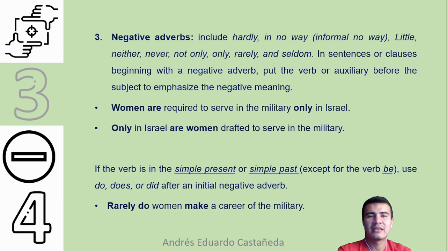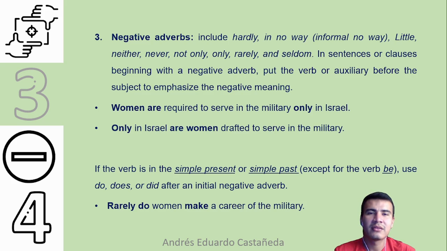In sentences or clauses beginning with a negative adverb, put the verb or auxiliary before the subject to emphasize the negative meaning. For example, "Women are required to serve in the military only in Israel." Or we have "Only in Israel are women drafted to serve in the military."